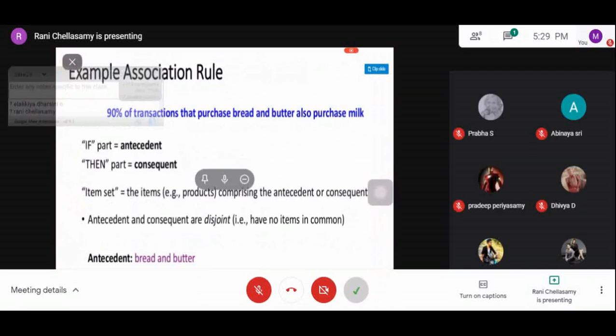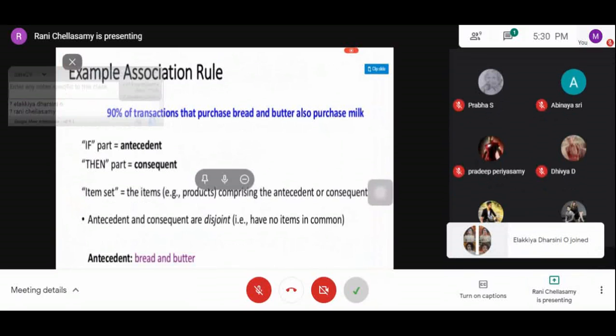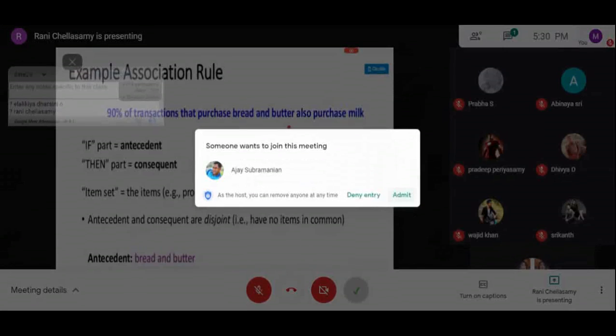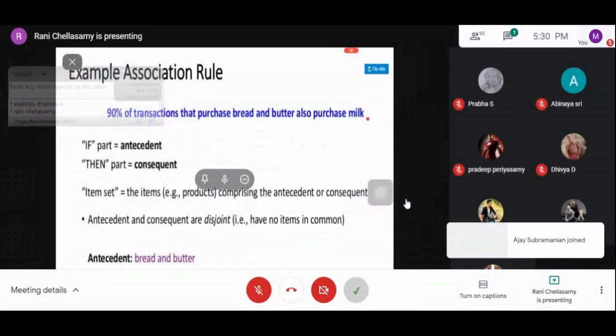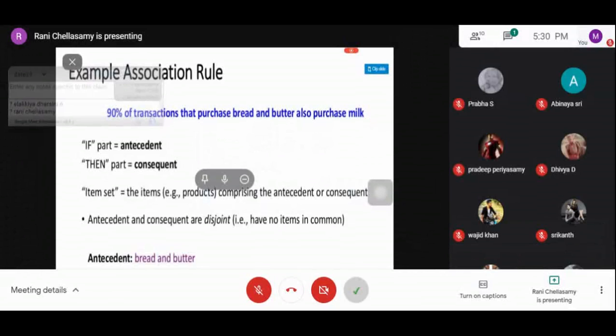Another example: 90% of the transactions that purchase bread and butter also purchase milk. In this association rule, bread and butter is the antecedent part, and milk is the consequent part. The if part is the antecedent and the then part is the consequent. So if the person is buying bread and butter, then he will also buy milk.